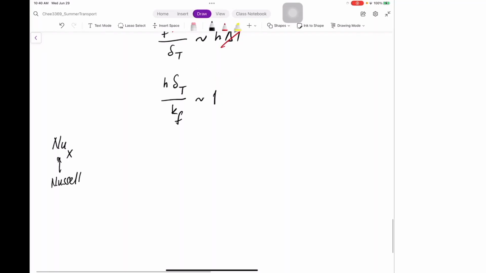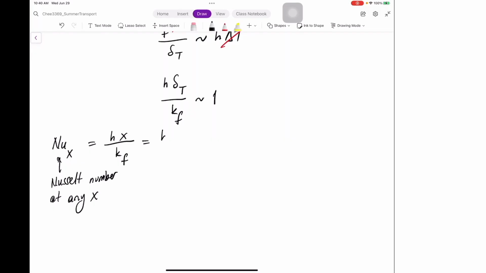So this is the Nusselt number at x, which is equal to, instead of hL over k, we have hx over kf, right? That's equal to h. Let's multiply and divide by delta t to make it actually look like this thing, because I want to just make use of this thing.